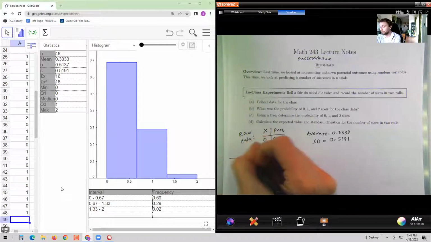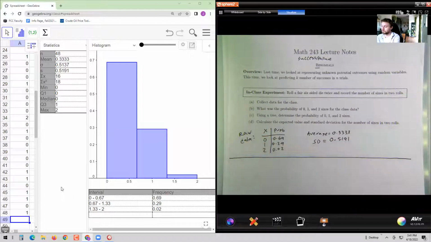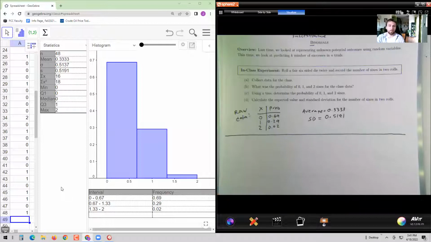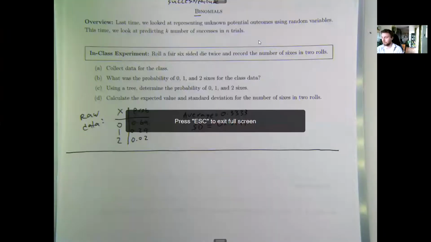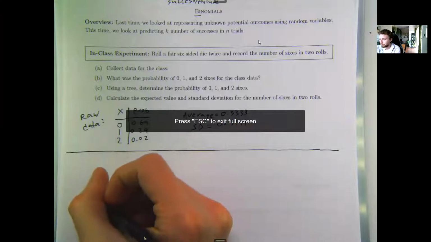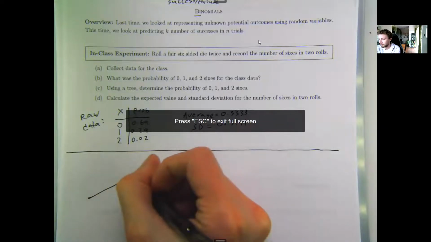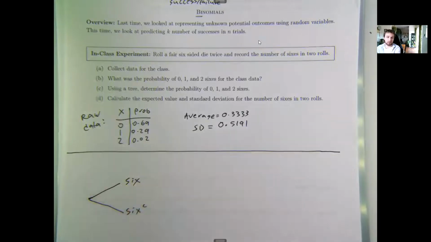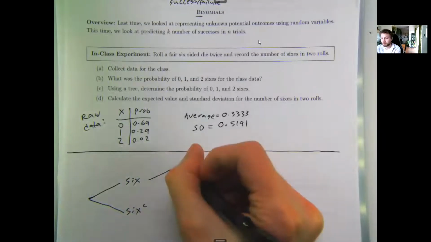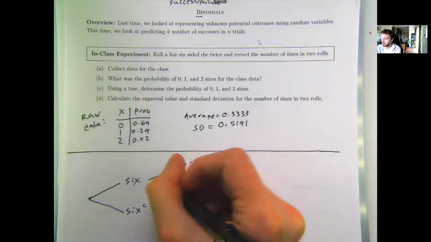So let's take a look at a tree. So this is what I got for some real data, and we're going to compare this to some theoretical stuff. If I'm drawing a tree, each roll could be either a 6 or not a 6. I'm looking at 2 rolls, so this thing's going to go two deep.